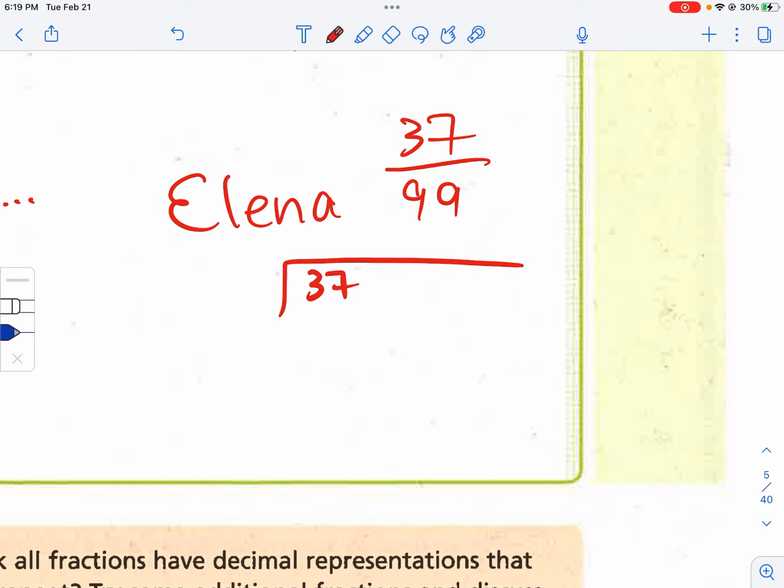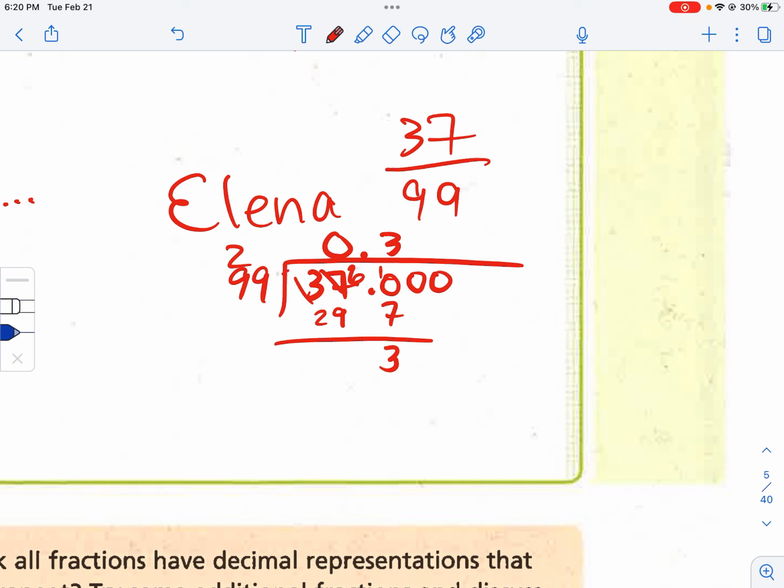37 divided by 99. Okay. Goes in, I would say 3 times because it's close to 100. Oh, no. Yeah, I'm guessing 27. Let's see, that's 27, 28, 29. That gets me 3. I borrow. That gets me 73. 99 goes into that 7 times.